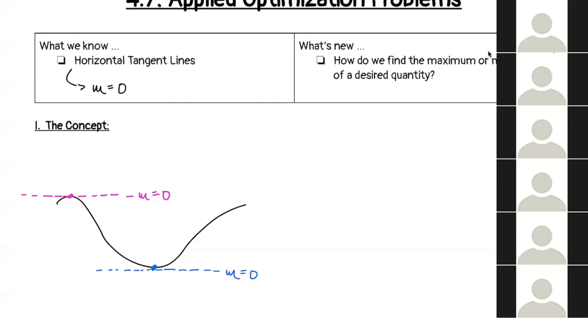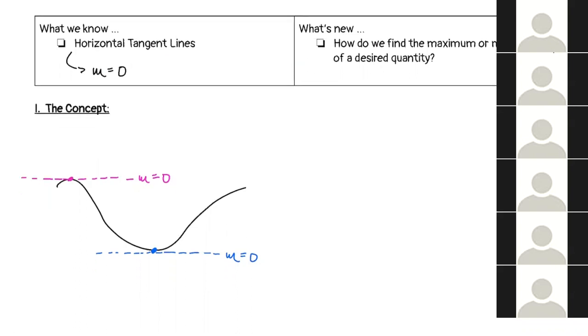All right, questions so far? Okay. So I'm wondering, since we are in a calculus class, if you can connect this idea of slope equals 0 and this function, and think about how can we find these points precisely, right?